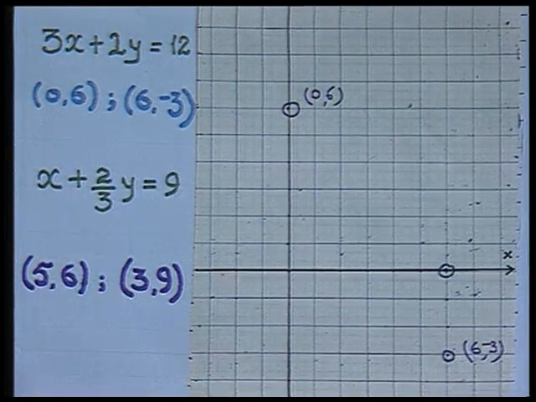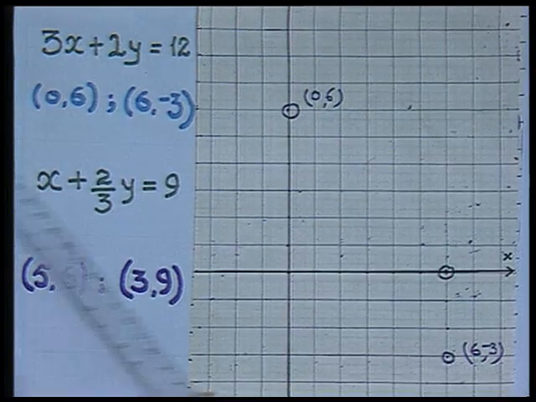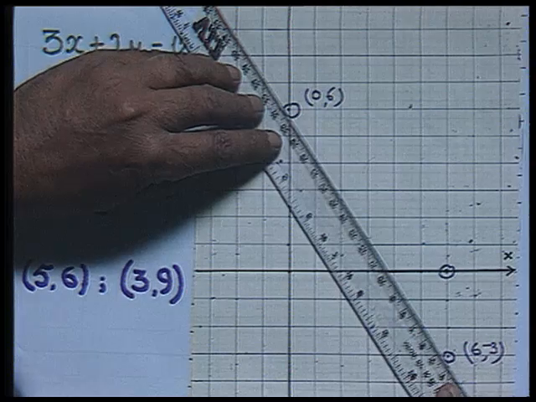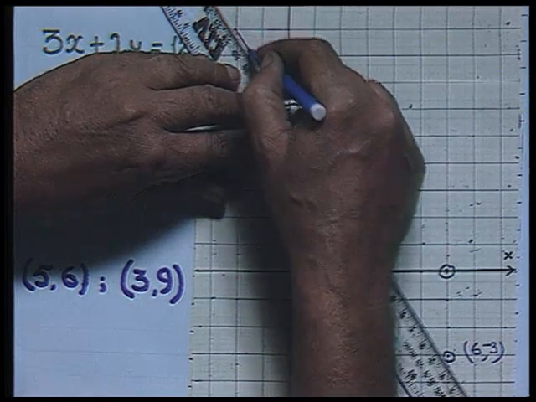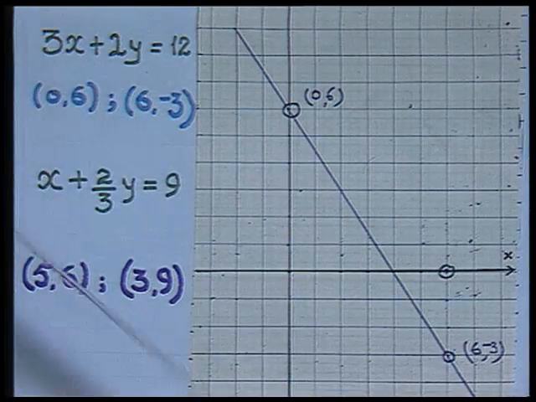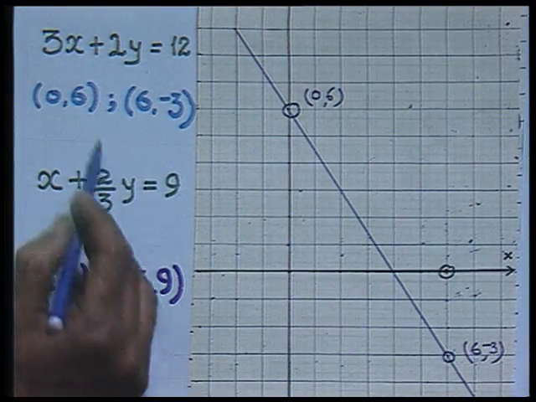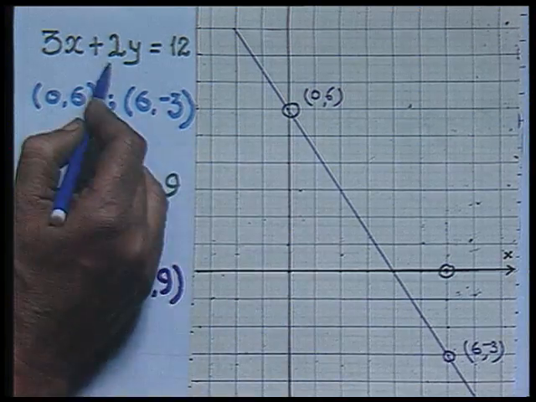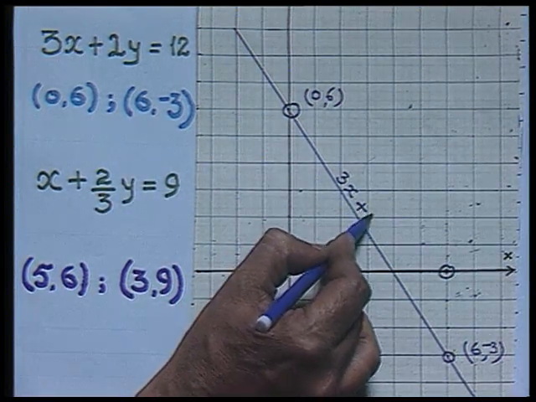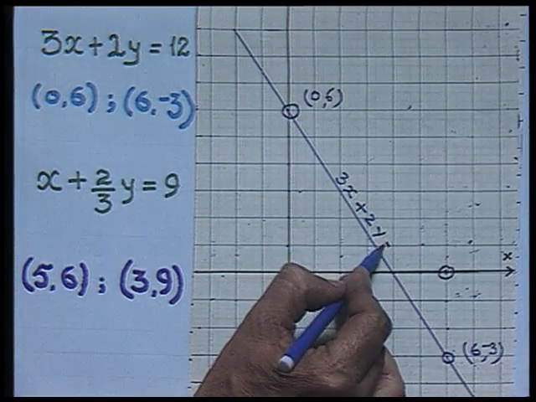On joining these 2 points, I will get one straight line. And this straight line represents which equation? This represents 3x plus 2y equals 12.